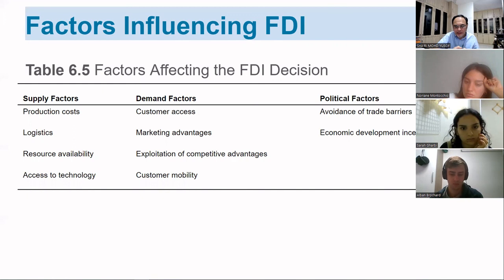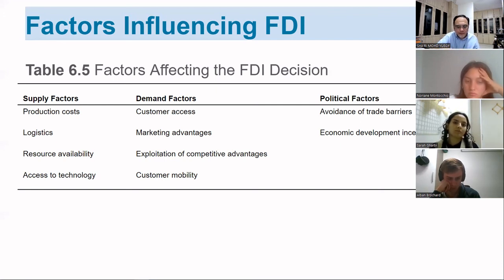Harley-Davidson built a factory in India to avoid the country's tariffs and taxes. Even Toyota built in the US to avoid the quotas. Toyota built a factory in Kentucky because of the quota, a limitation on the number that can be imported into the US market. So, avoidance of trade barriers.